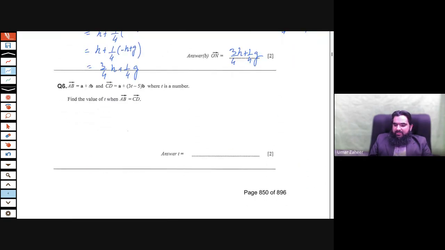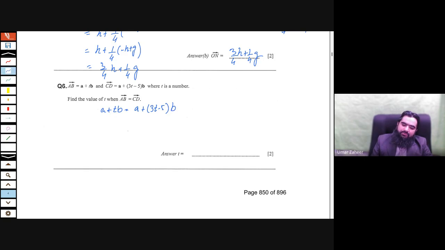All right, now we have the next question. He says that AB is equal to a plus tb and CD is equal to a plus (3t minus 5)b, where t is a number. Find the value of t if AB is equal to CD. It's very simple. AB is a plus tb, which is equal to CD, and CD is a plus (3t minus 5) times b.